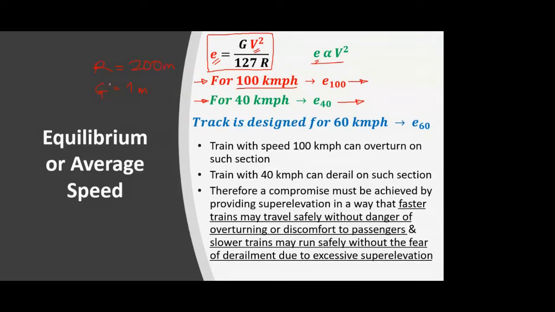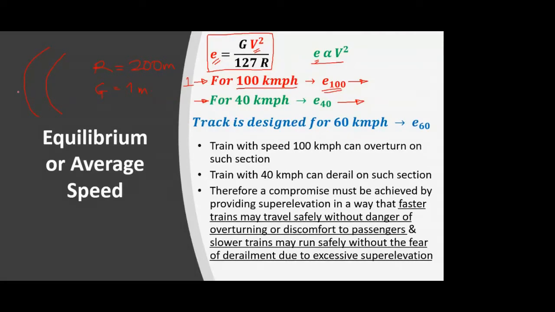Now the curve is the same, a curve of 200 meter. On the same curve, you have train number 1, which is moving at 100 kmph. To make sure this train moves without any discomfort to the passengers, or without overturning or derailment, I have to provide a superelevation of this much value, E100.